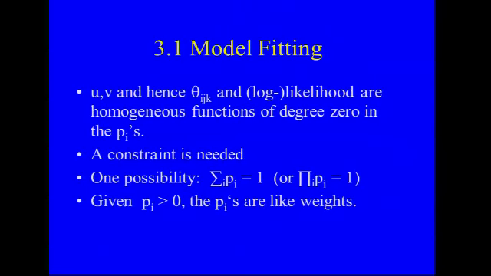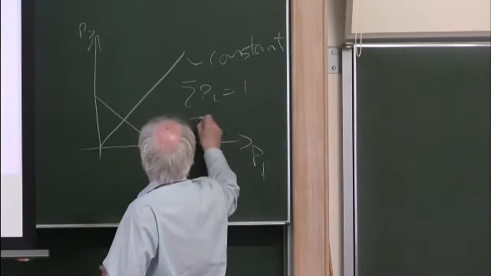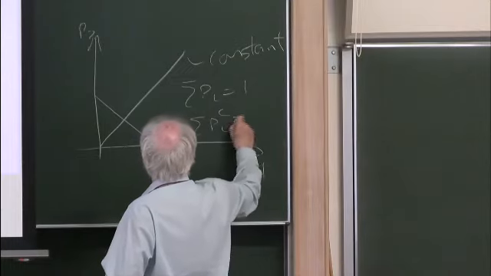The likelihood in particular, our log likelihood, is constant along rays running out of the origin in this two-dimensional situation. To identify a maximum, we need to cross all of these rays in some way, and a simple choice in this particular case would be P1 plus P2 equals 1. But there are many, many others we could use. So sigma pi equals 1, or sigma pi to the first c equals 1.